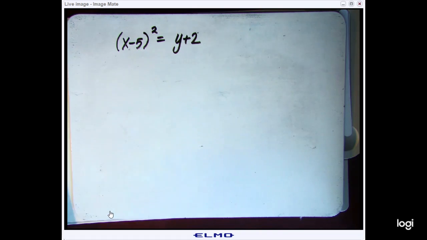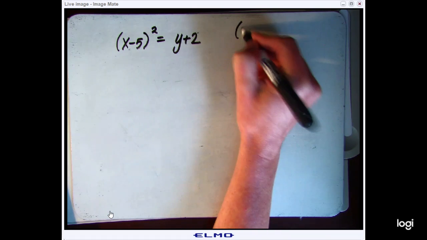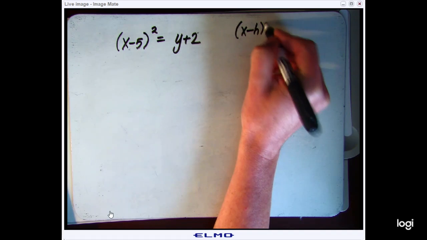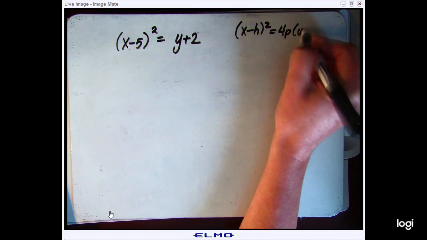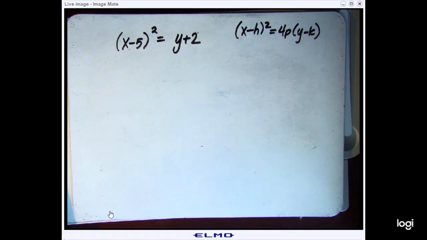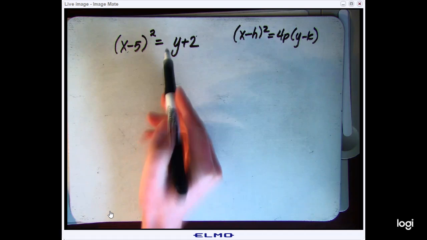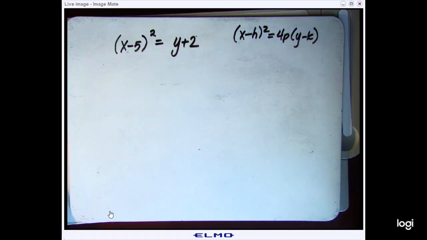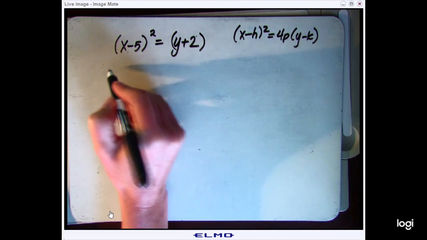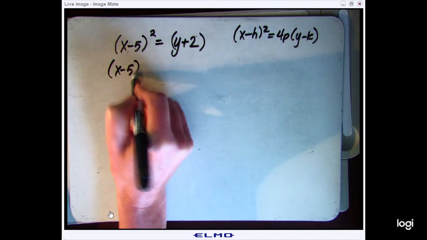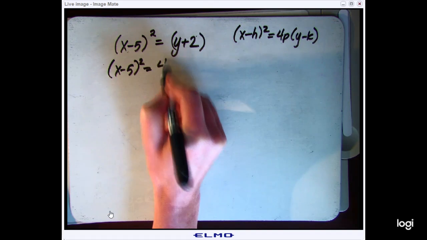Now, I told you a second ago that the 4 and the p were part of our equation and that we had to have them, right? I don't see a 4 or a p value anywhere right here. So that's going to be part of your job, figuring that out. The 4 has to be there.